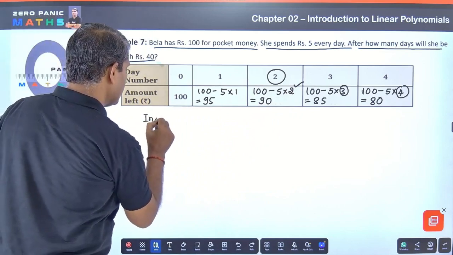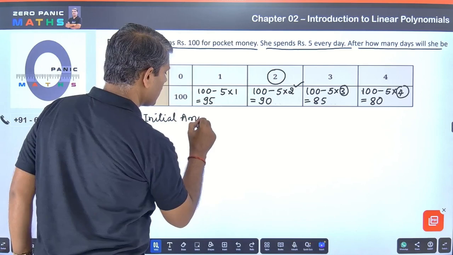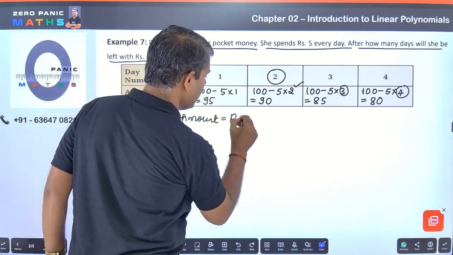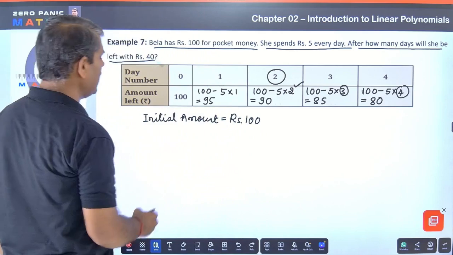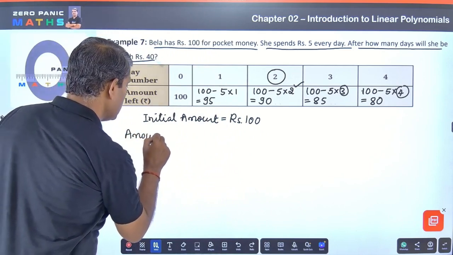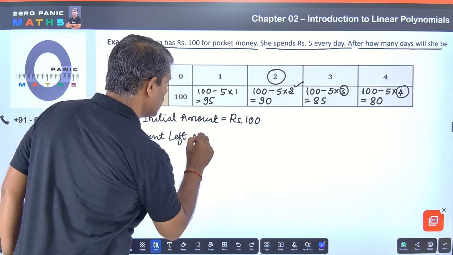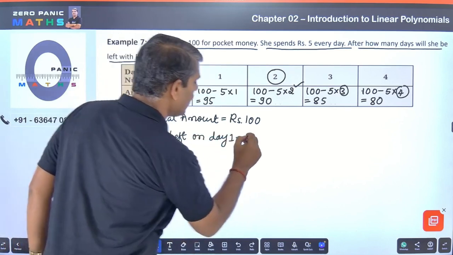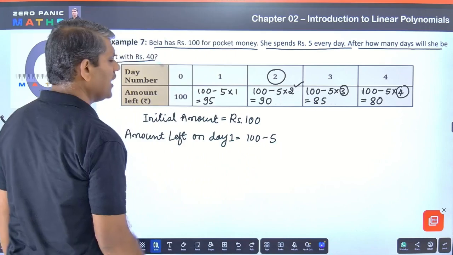So in general, if you continue in this fashion, I will write it in a descriptive way. Initial amount is equal to rupees 100, that is on day 0. Amount left on day 1 is equal to 100 minus 5, that is 95.